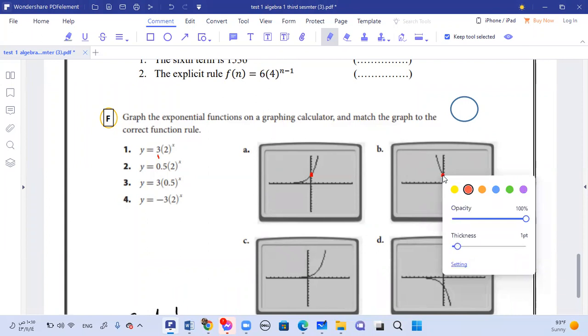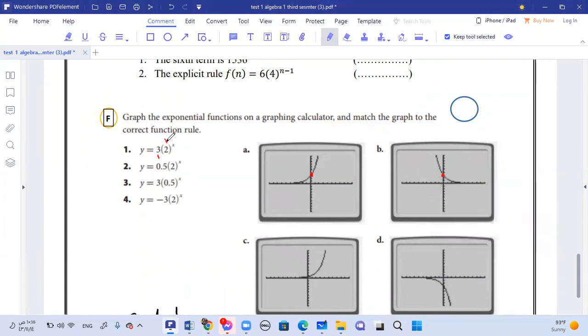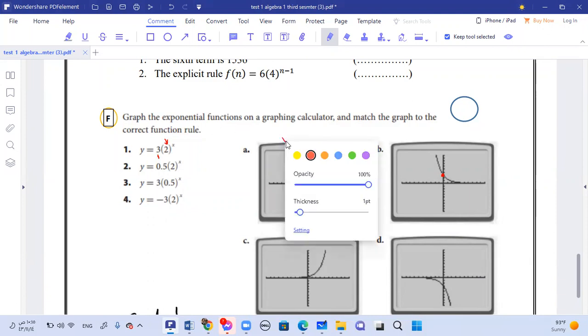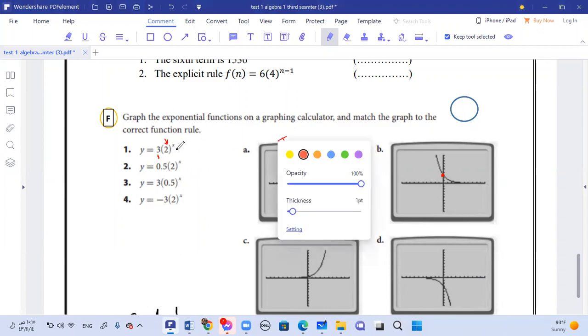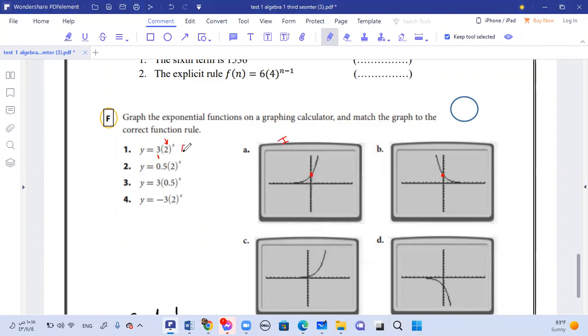Okay. Look at the function. If the number inside the bracket is greater than 1, is it increasing or decreasing? Increasing. So this is an increasing function. So the correct answer is A. Okay.